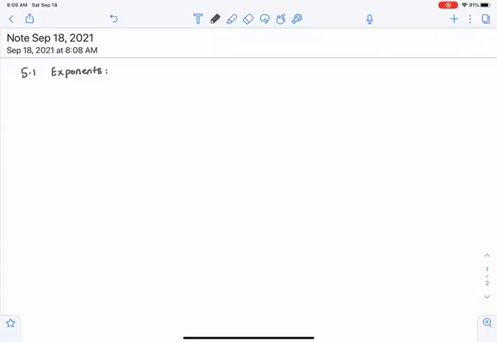So what are exponents? Exponents are simply a concise way of writing an expression where you have a term multiplied to itself a certain number of times. For instance, let's just say we have the number 2.